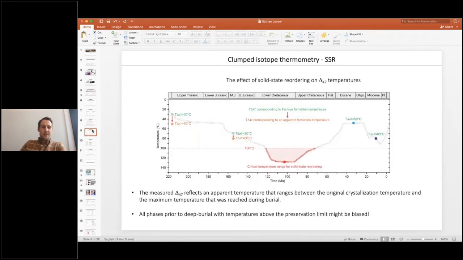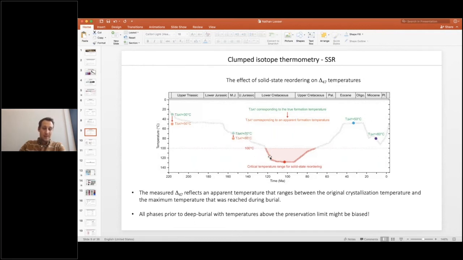So what is the effect, and what is the problem with that for burial histories? We go back to this burial history here, where you have diagenetic carbonates that formed during different times.